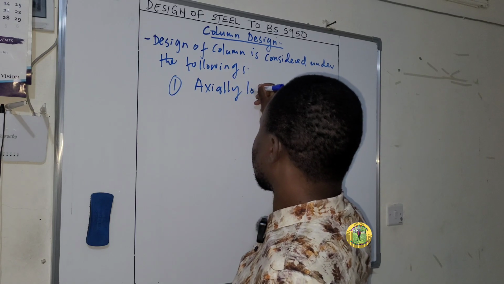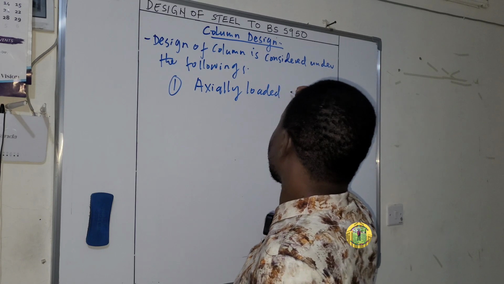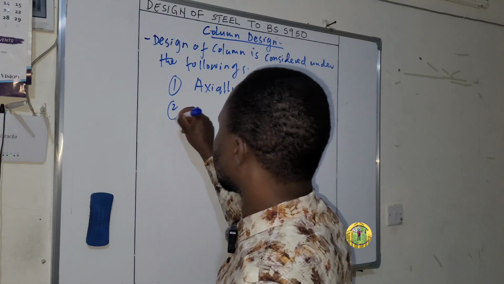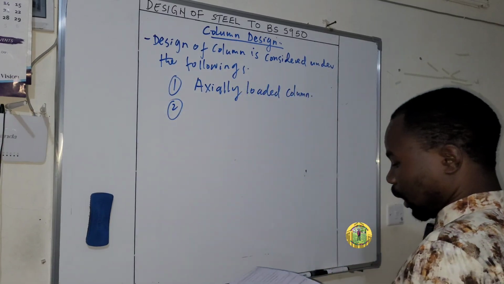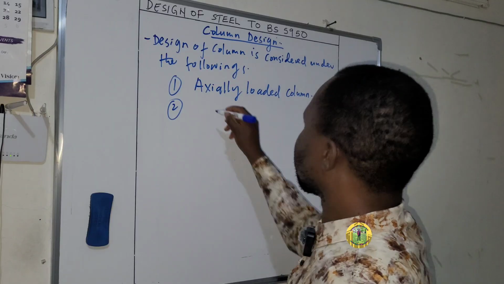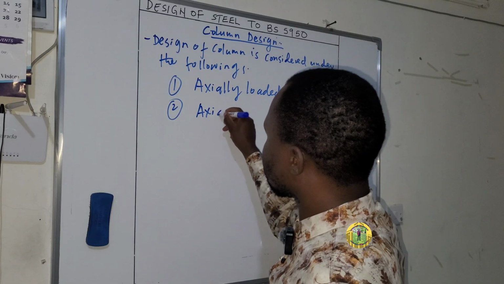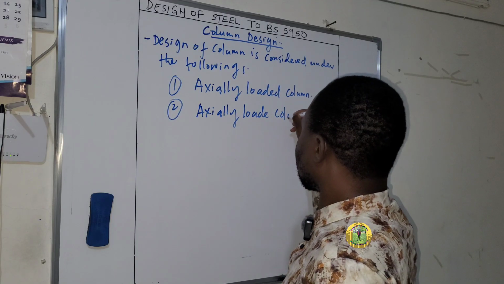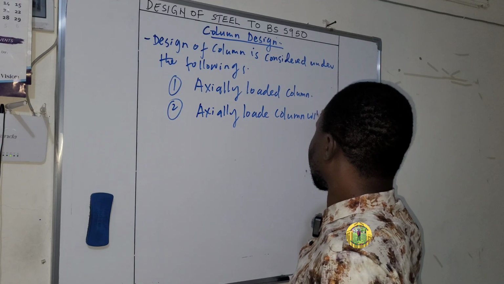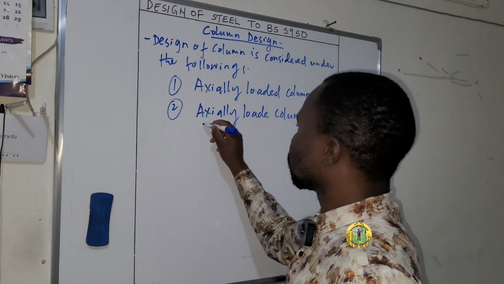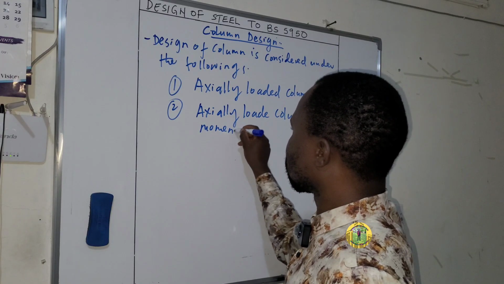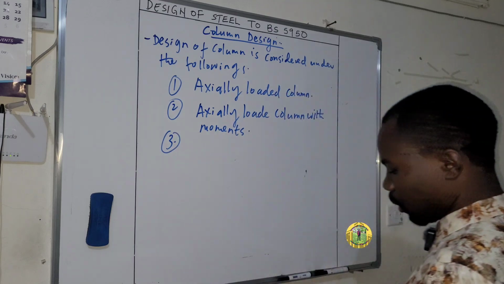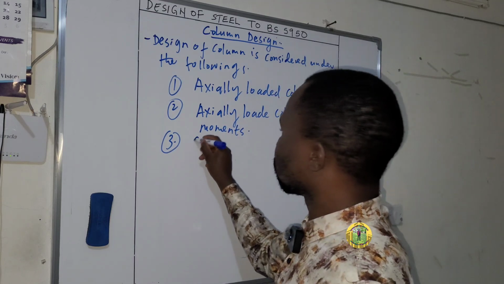Number two, we have axially loaded column with moments. And number three, we have cased column.